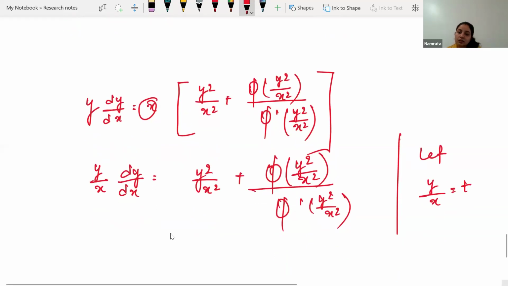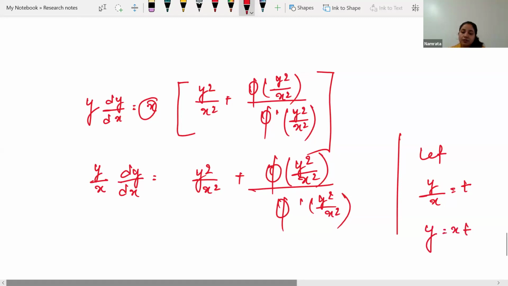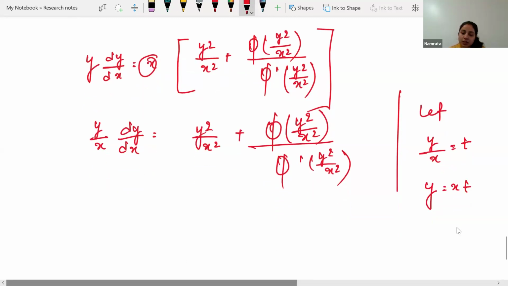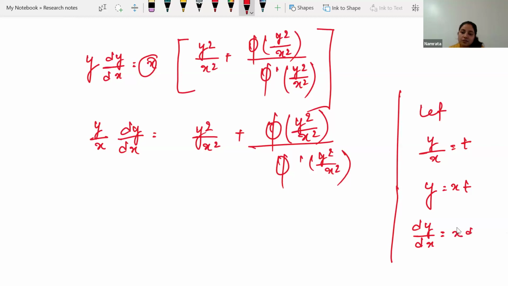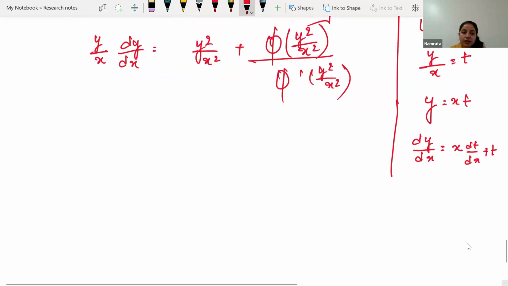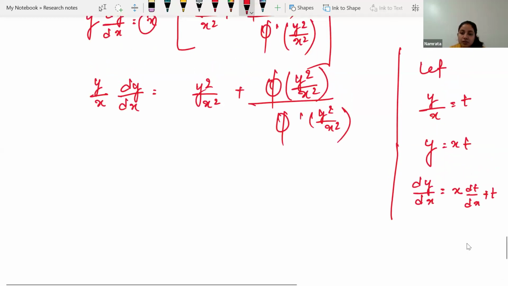So we can say y is equal to xt, and if we take the derivative with respect to x on both sides, it becomes dy over dx is equal to first function times derivative of second plus second function times derivative of first. With respect to x we are differentiating, so only t will be there. So we get dy by dx is equal to x dt by dx plus t.